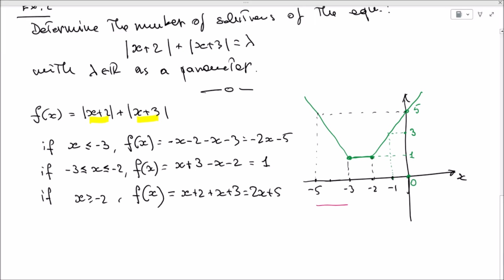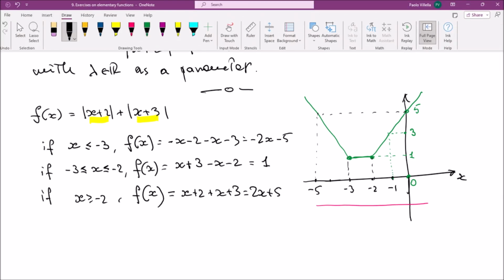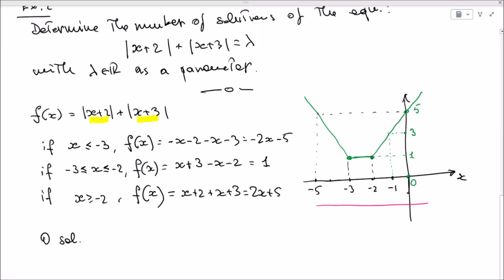Now we see that for lambda less than 1, there will be no intersection. So we can immediately write that there will be 0 solutions for lambda that belongs to (-infinity, 1).